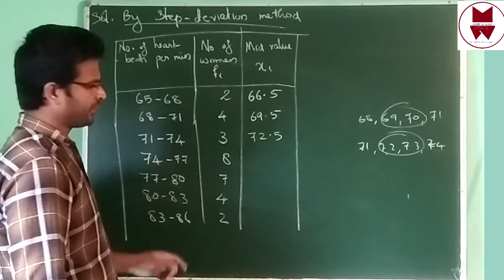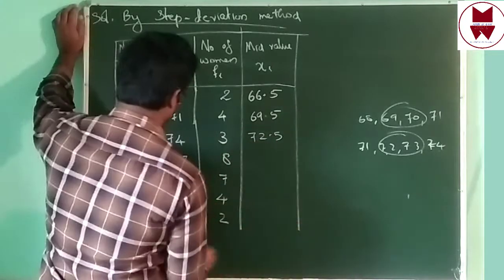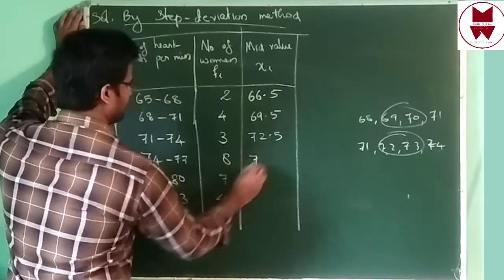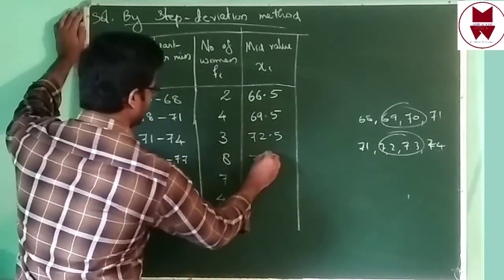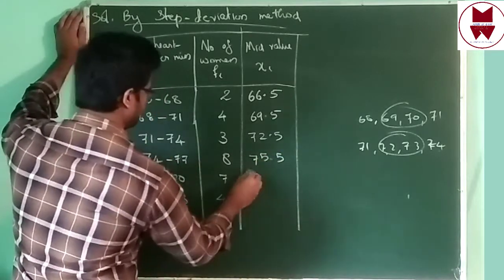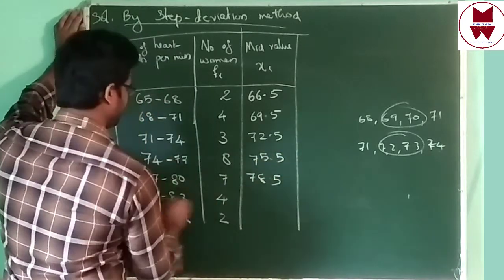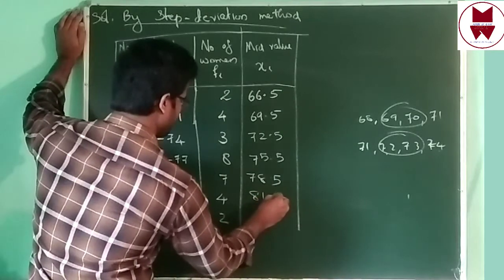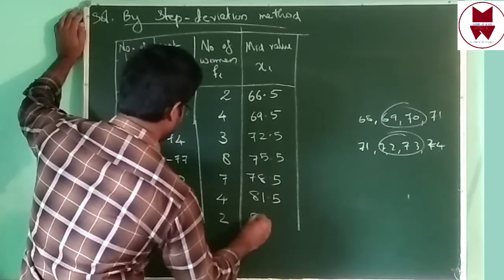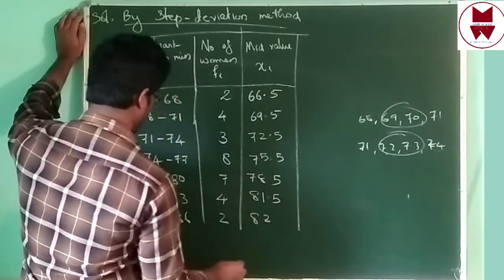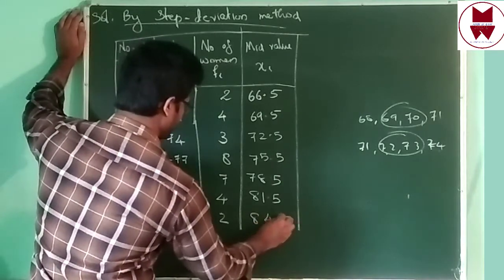Then same like that we can find out all the mid values. 75.5, here 78.5, in here 81.5, in here 84.5.